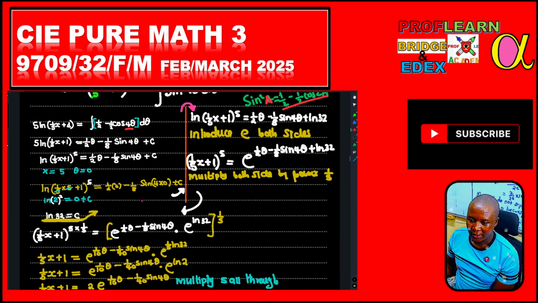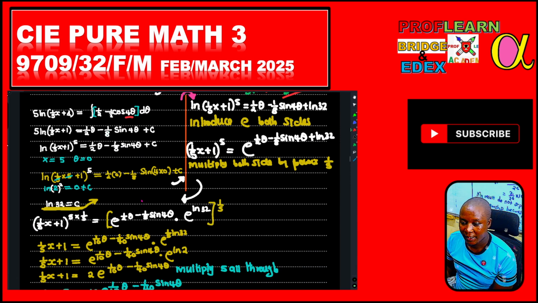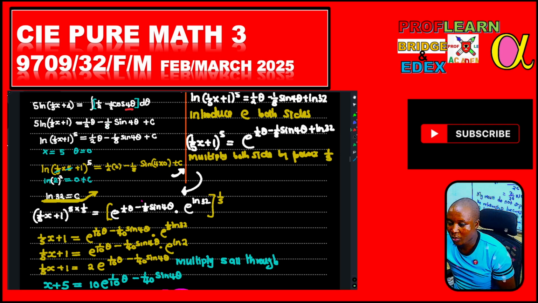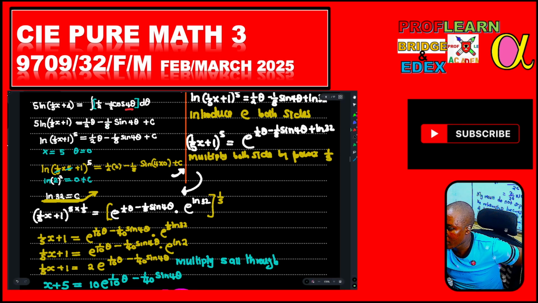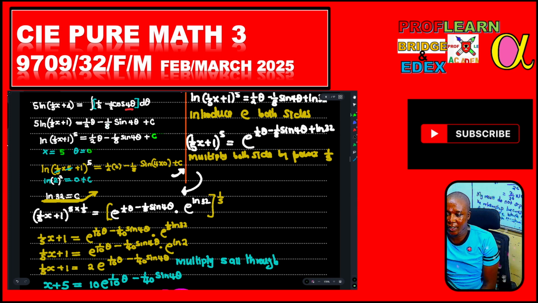We were told that x is equal to 5 and theta is equal to 0. Now that we already have the boundary condition, x is 5 and theta is 0, we can substitute inside here so that we can find the value of c.